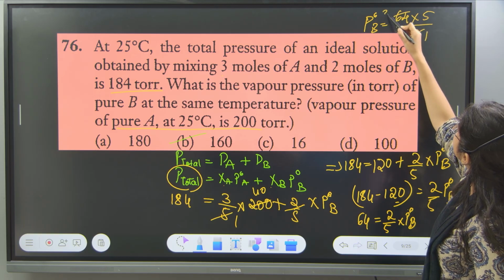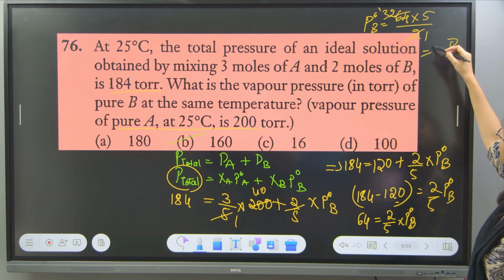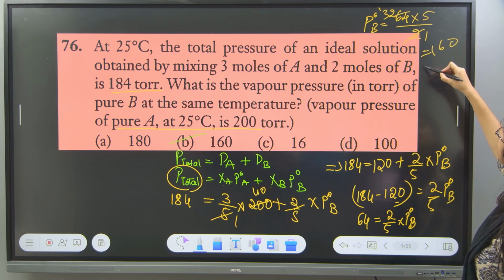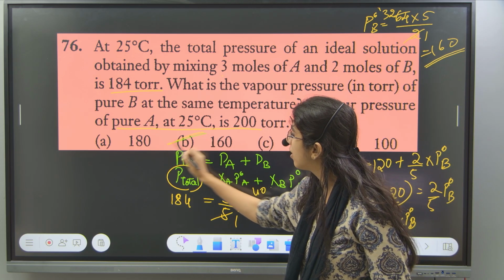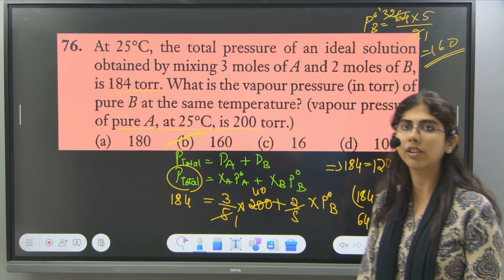So this is 32 into 5, so 160. Good. Option B. Everybody, you have answered option B. Very good. So this was an easy question.